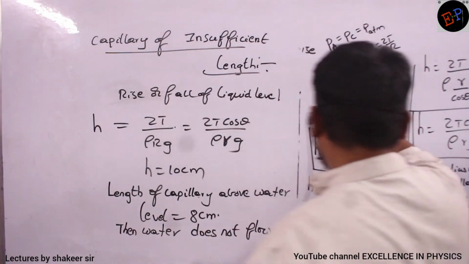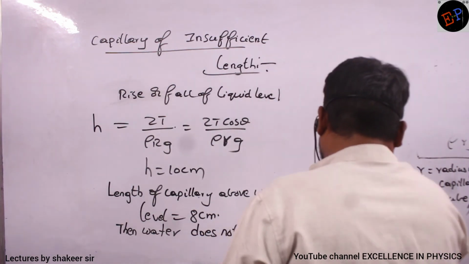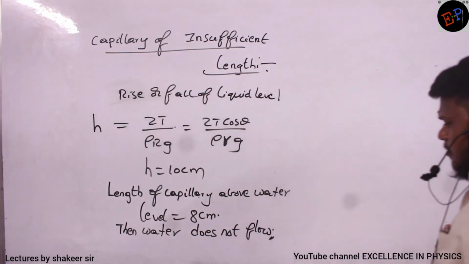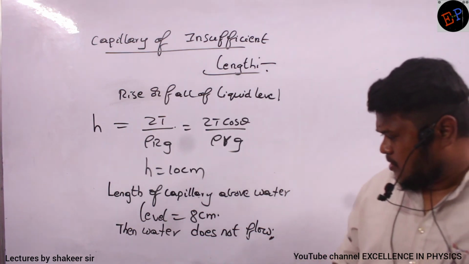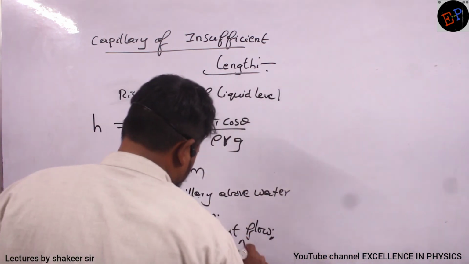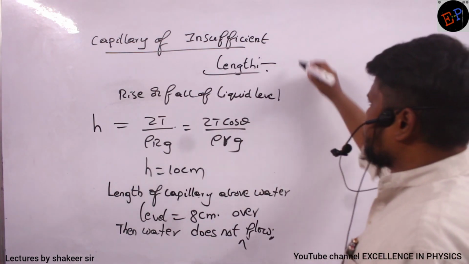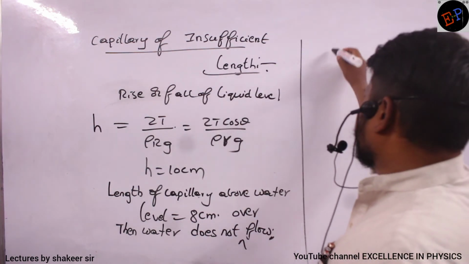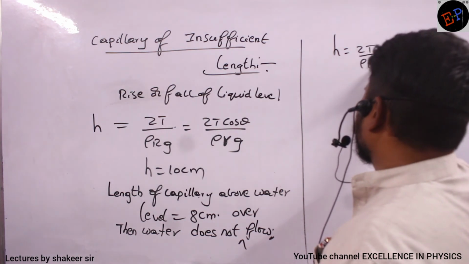Now let us see what happens. First of all, this point you should understand: water does not overflow. Then what happens? You take this formula, H is equal to 2T divided by rho R g.